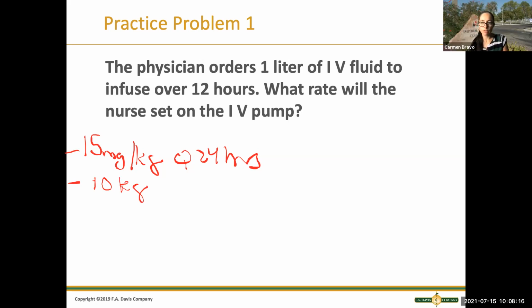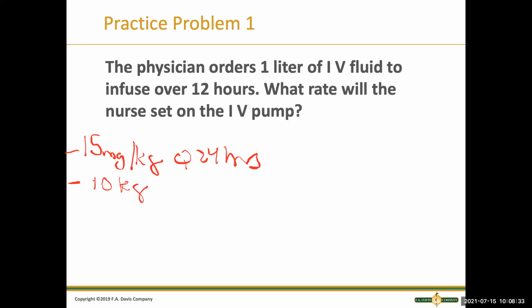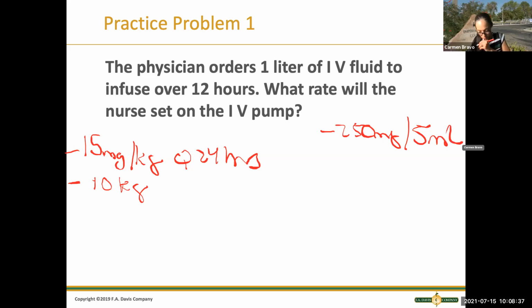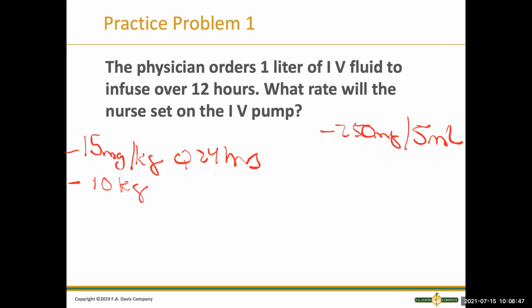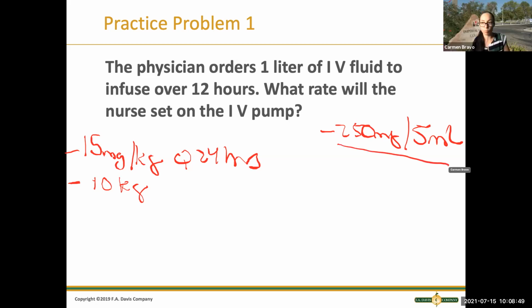Okay, so the dosage strength in there is kind of like a distractor, because all it's asking is how many milligrams. If it was asking for mLs, because you do have a dosage strength, 250 milligrams per 5 mL, then you would plug this into the problem.